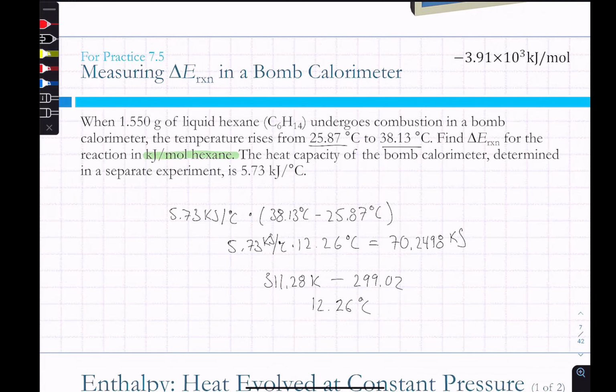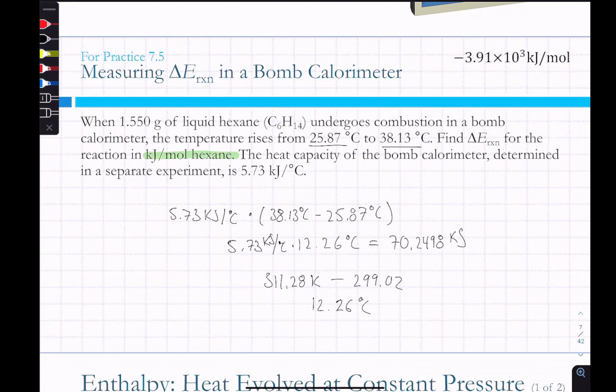Not yet, because this question wants us to find the answer in kilojoules per mole of hexane, and so far we just have the kilojoules. So we know for our 1.55 grams of hexane, we got out 70.2498 kilojoules. So we need to figure out, if we just had 1 mole, how much heat would be released.